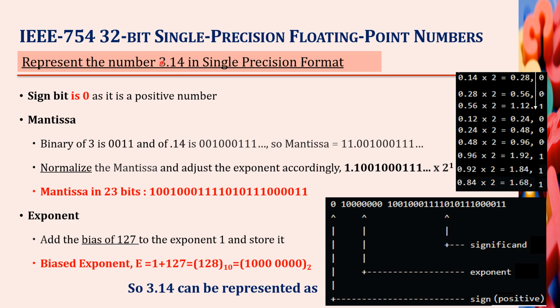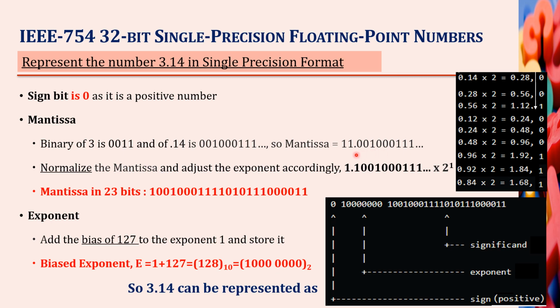The binary value of 3 is 0011, and 0.14 can be represented as follows: 0.14 times 2 gives 0.28, and the 0 is taken out. This process is continued and we get the corresponding binary equivalent as 001000111, etc.